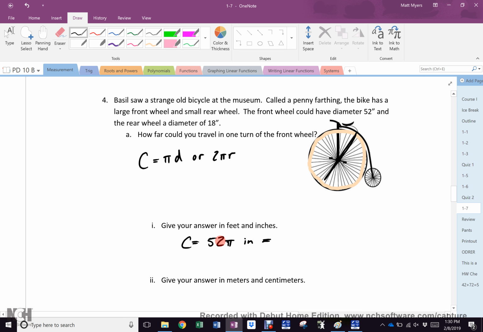Now, is that a distance? How far did you ride your bike today? 52 pi. No. This is a real life situation. I need a real life distance. 52 times pi. It's going to be around 160 inches. 163 inches. I want it in feet and inches. So I divide by 12 to get 13 feet, 6 inches.